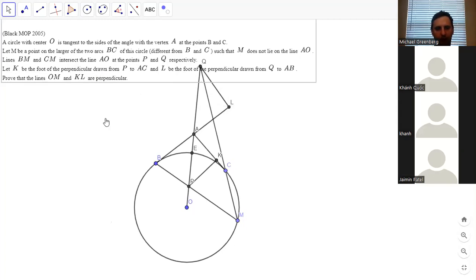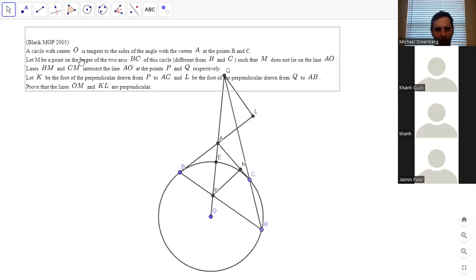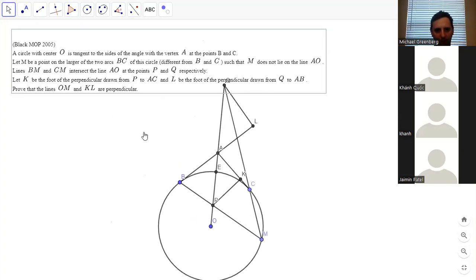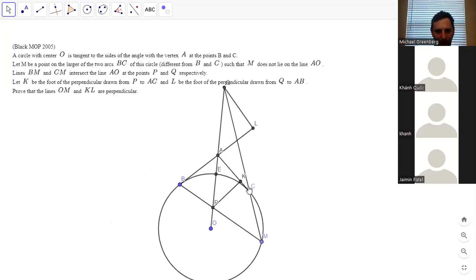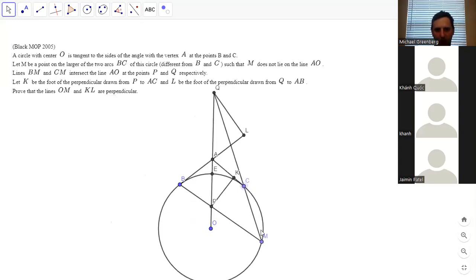I'll just leave it like this for now. So we want to show OM and KL are perpendicular.